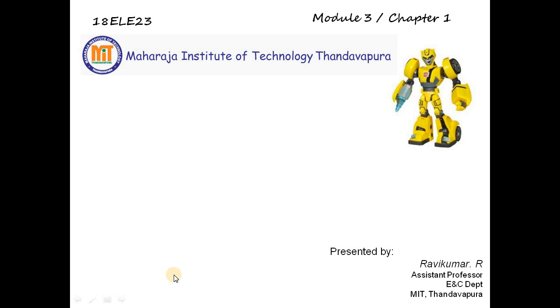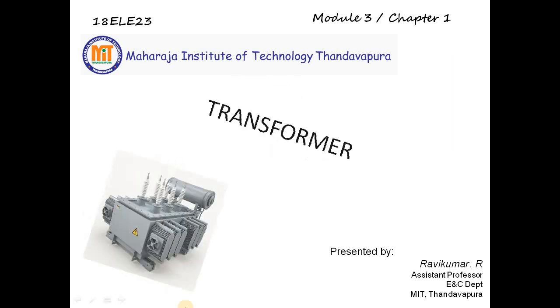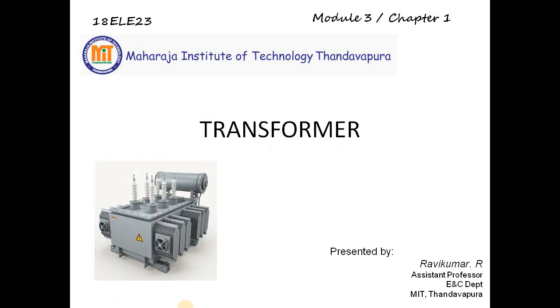It is one of the main reasons why we still use the AC transmission system, even though we use much DC power. That device is none other than the transformer. So in this module, we'll be discussing the transformer.